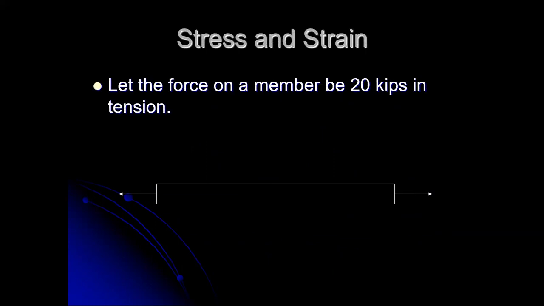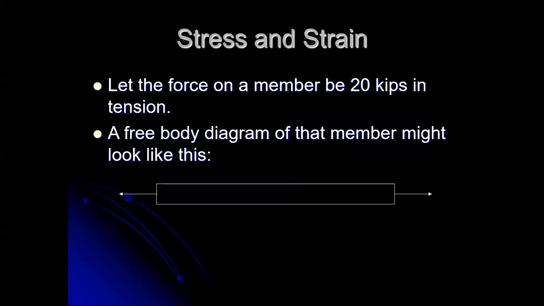So let's look at the picture here. What's drawn on the screen is a single member of a truss. It's a rectangular member, and it's got some force on it. Let's say it's got 20 kips in tension. So it's being pulled with 20 kips of force in each direction. We've got 20 kips of force on the left, and 20 kips on the other side to counteract that and keep it in equilibrium.